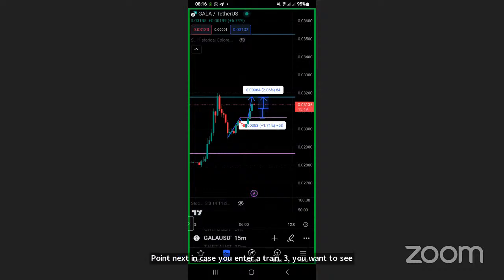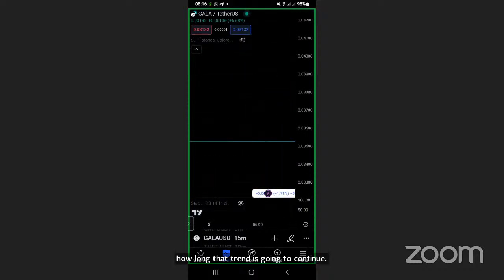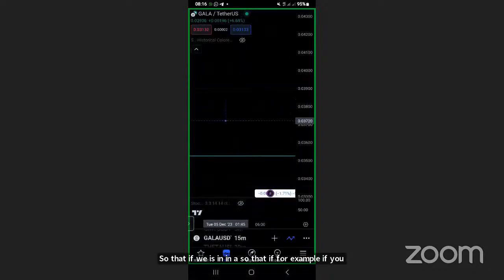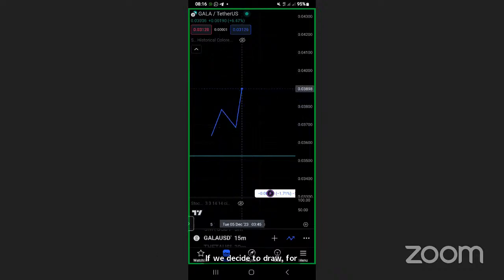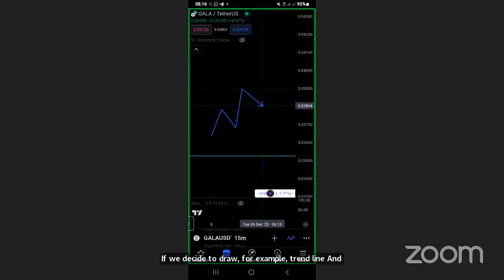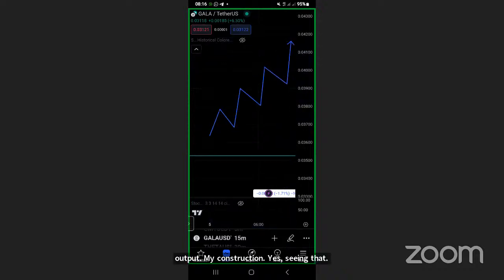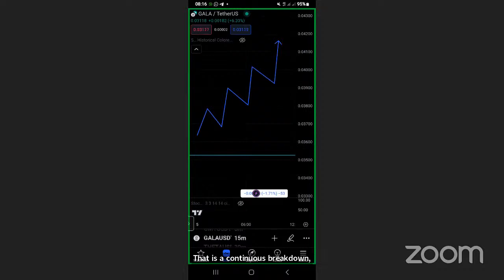So, for example, let me show you something. If you decide to draw a trend line in an upward market structure, you're seeing a continuous break of structure and establishment of new highs.